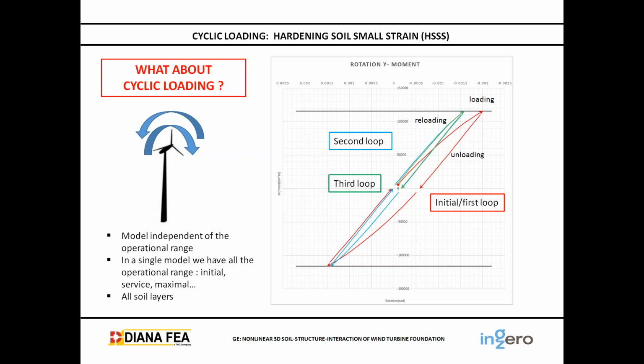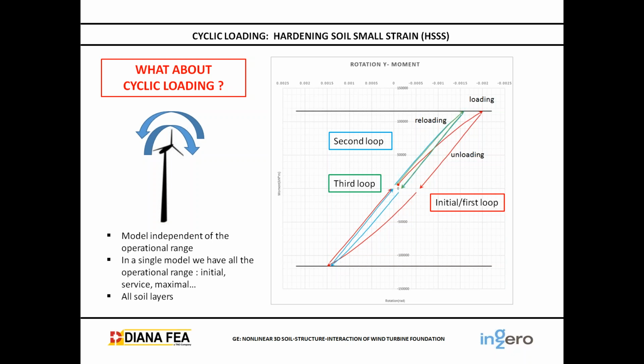We can see the slope and the different behavior of the soil depending on the branch of loading, unloading, and reloading. If we go to the second loop, which is in blue, we can see how the reloading has a different slope from the loading. Then we unload, we reload, and in the third loop, we can see that they are almost on the same load path.